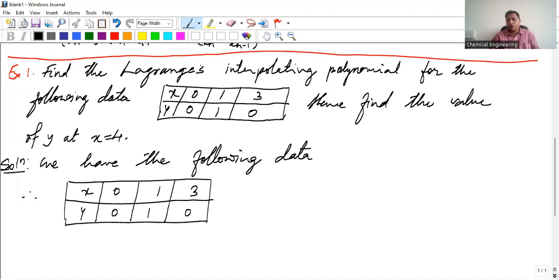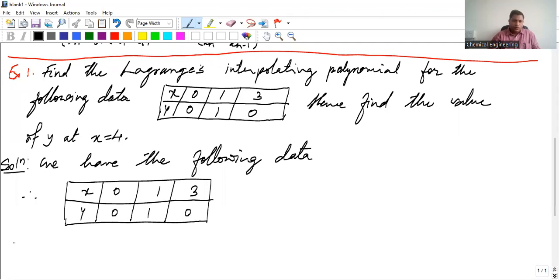Hence we cannot use the forward difference formula or the backward difference formula, because when we define the difference, it is for a regular interval or a fixed size of interval. Here the data is not equally spaced, so we have to use Lagrange's interpolation.